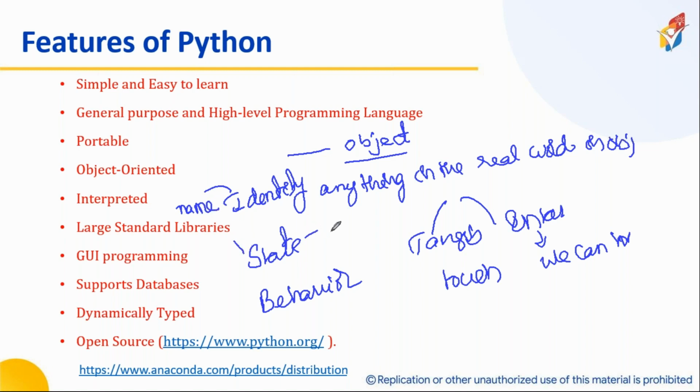State is nothing but it will be represented in the form of attributes. What is the meaning of attribute? Height of a student, weight of a student, color of a student, which class he is in, these are called attributes. What is behavior? If the student is reading, writing, or playing, these are called behaviors of the object. Is it okay?